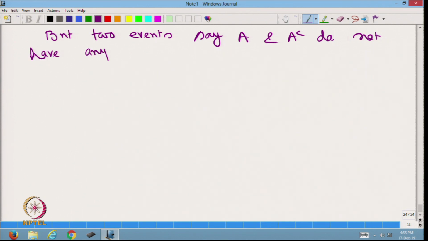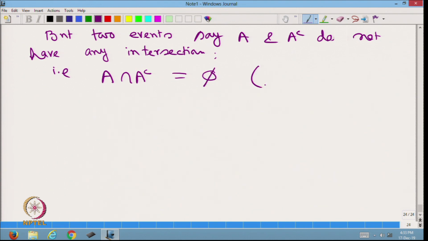Their intersection, that is A intersected with A complement, is equal to phi always, right? But they are not independent.